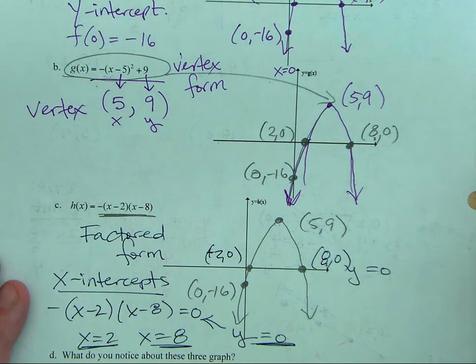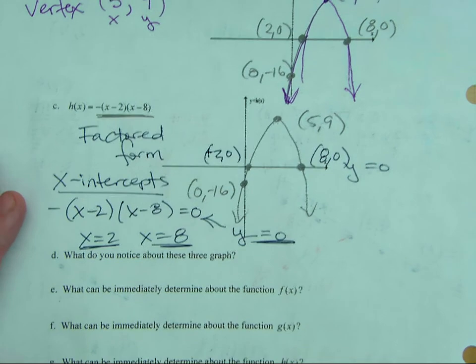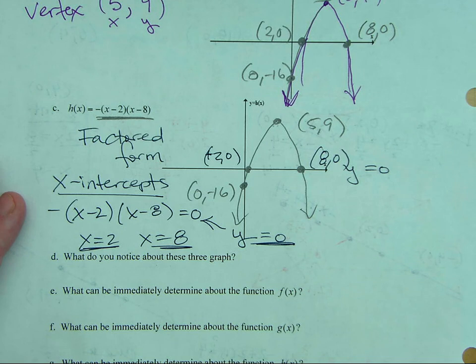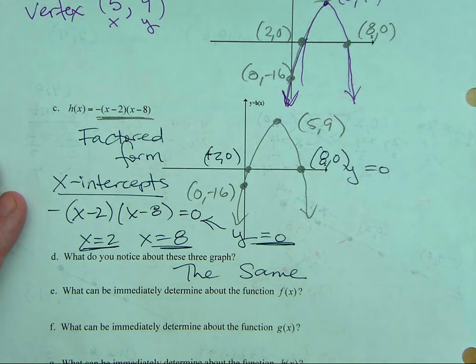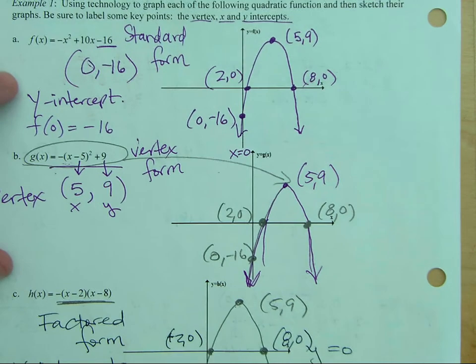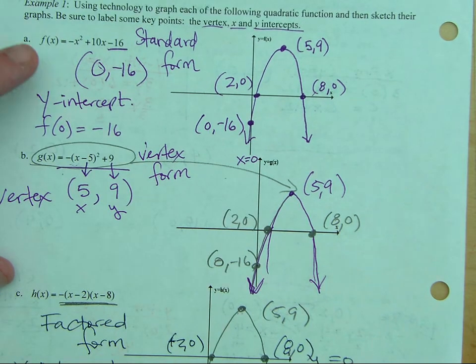Okay, so some of the questions you have here, what do you notice about all three graphs? And you noticed right away when we used the technology that they were all what? The same. Okay, what can you immediately determine in the first one? You can immediately determine just by looking at that standard form, it's not factored, you can immediately determine the y-intercept.